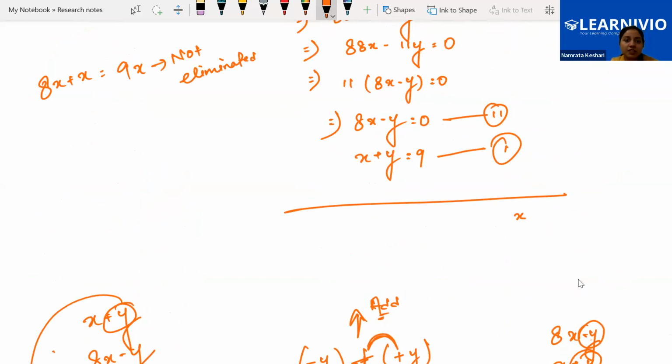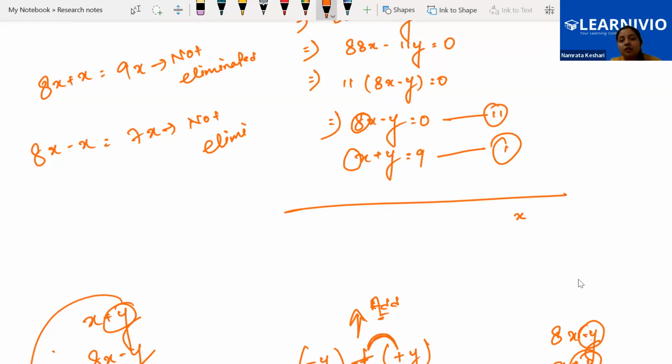Eliminated means to make 0. If you subtract them, 7x, not eliminated. So this elimination method says first make the coefficients the same. If this is 8x, the other one also has to be 8x. If it is not, make it.